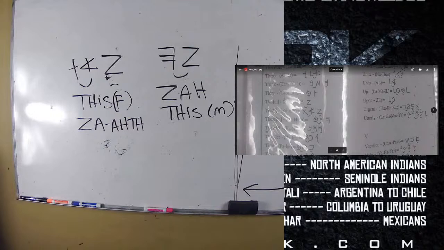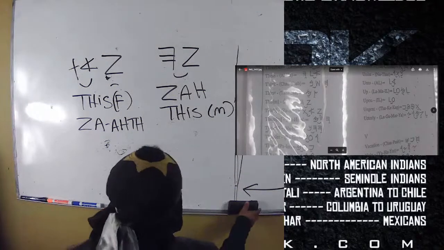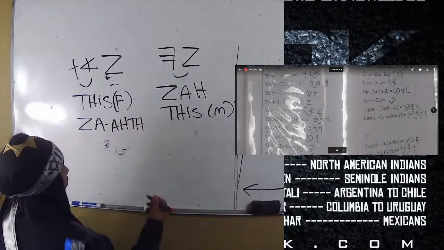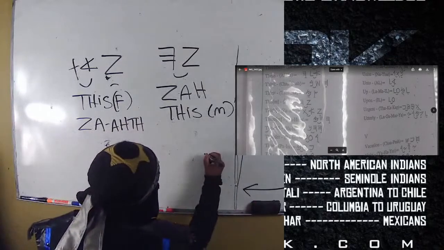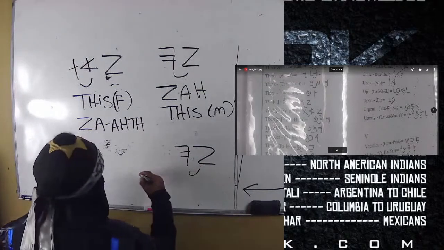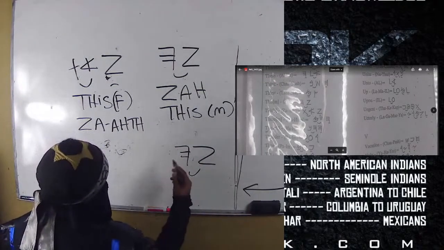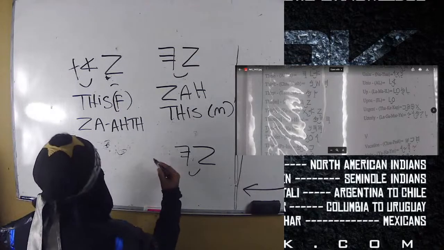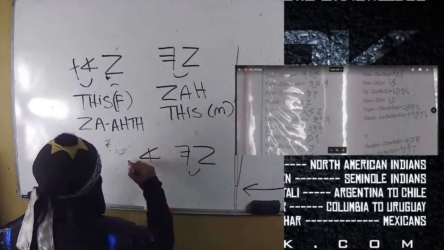I mean, I forgot actually the word dog is Kalab. Kalab. Right? So if we wanted to say this is a male dog, we just say za. Boom.